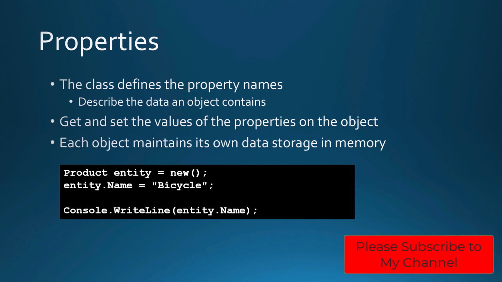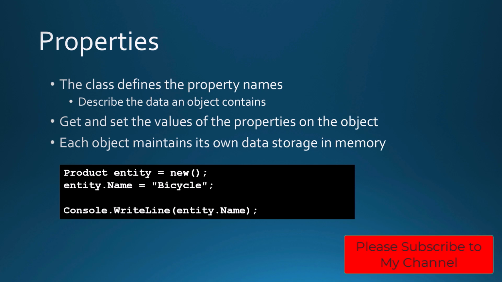We've created a new instance of an object, so it's now sitting in memory somewhere. We can now set the name property on that Product object at runtime to the value Bicycle, for instance. So that is setting the property. And then we can get the property and display it on the console by doing entity.Name.